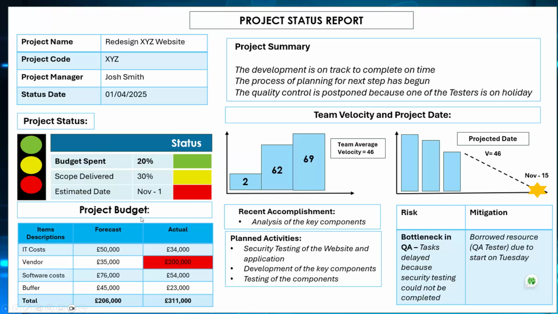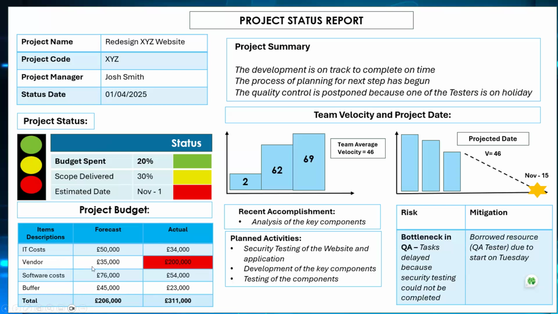And then the budgets, like I said, the project budget, you can see that here. You'll have the item description, the forecast. So this was the estimate, and then this is the actual that was spent. So for the IT cost, you can see that it was £50,000, and then they ended up using, for this particular quarter, not for the whole project, 34,000, which is okay.